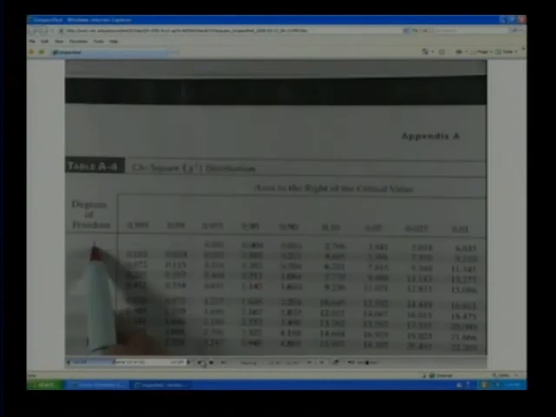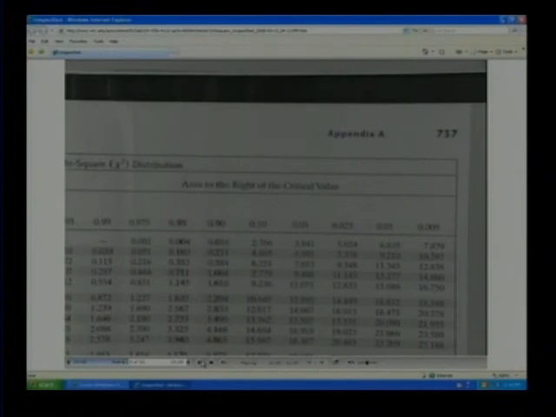So we go to the chart and we look that up. Here's 1 degree of freedom. We go all the way over to the right on that top row, and this value here, you may not be able to see that. All the way over is 7.879.